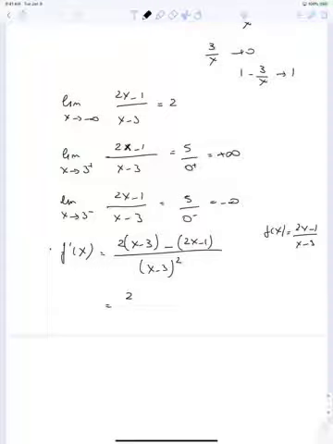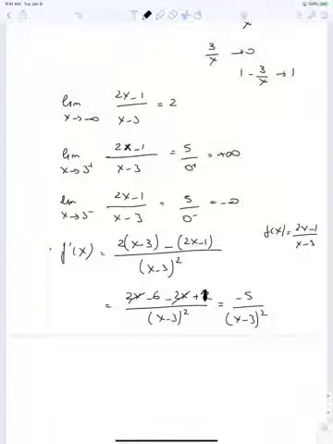So what we get is 2x minus 6 minus 2x plus 2 divided by x minus 3 squared, which is minus 1, plus 1. So this is minus x plus 1 is minus 5 divided by x minus 3 squared.